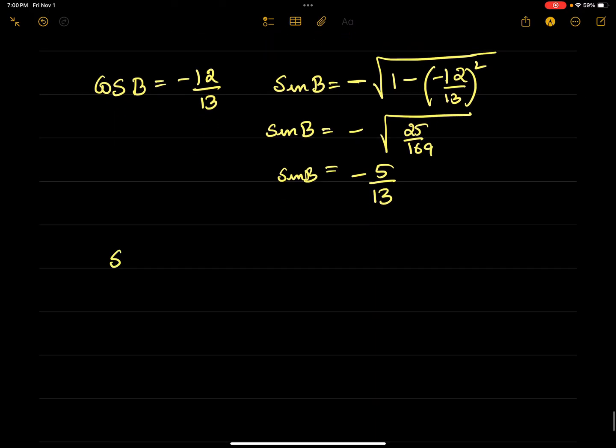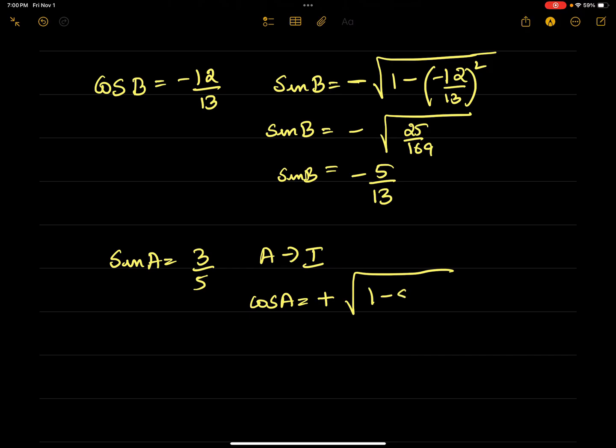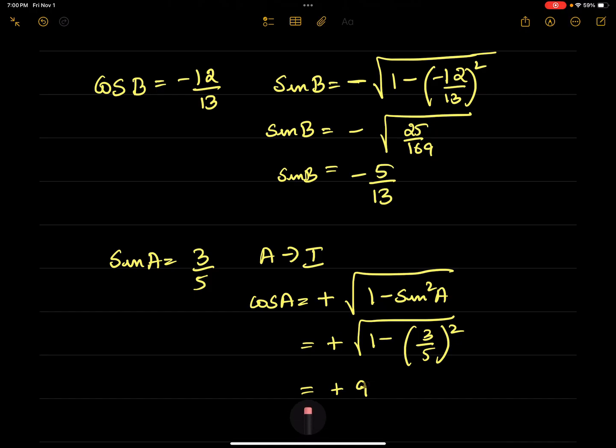So if sin A is equal to 3 by 5 and A is in the first quadrant, we need cos A is equal to the positive square root of 1 minus sin square A. So this would be positive square root of 1 minus 3 by 5 the whole square. So this would be plus 4 by 5.